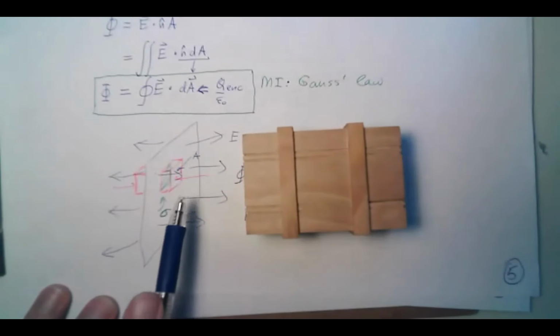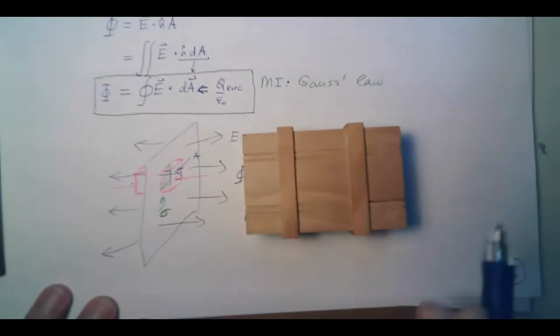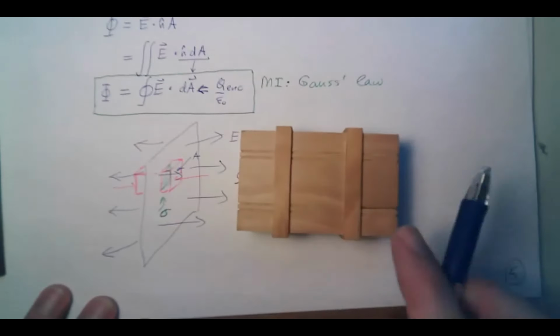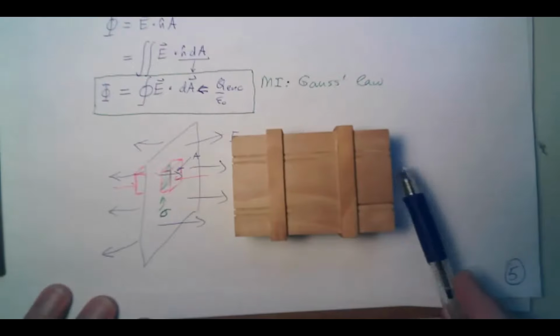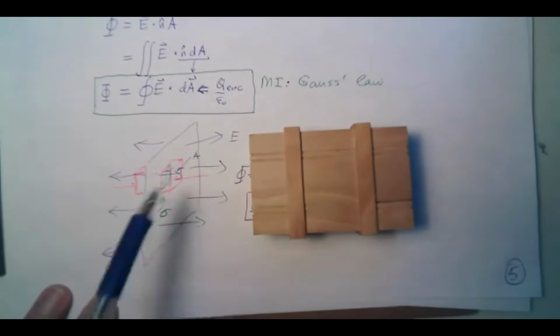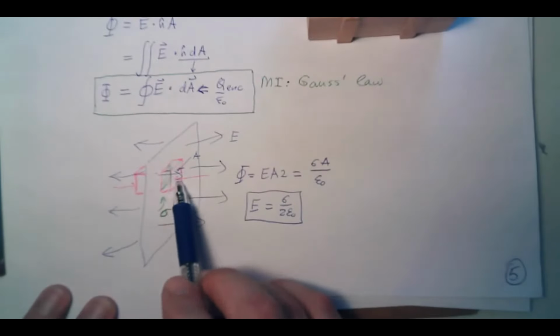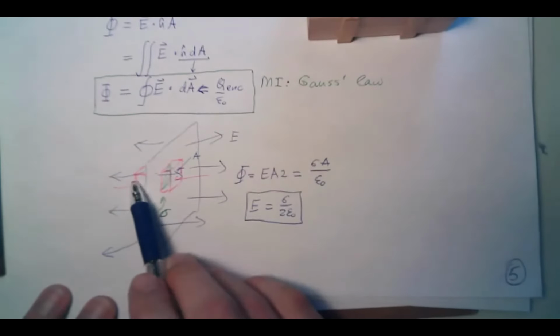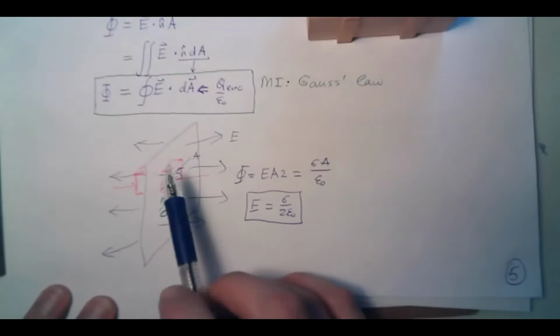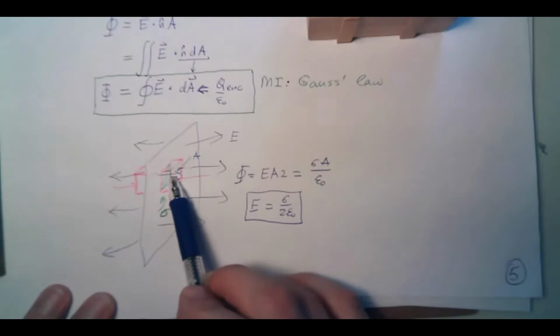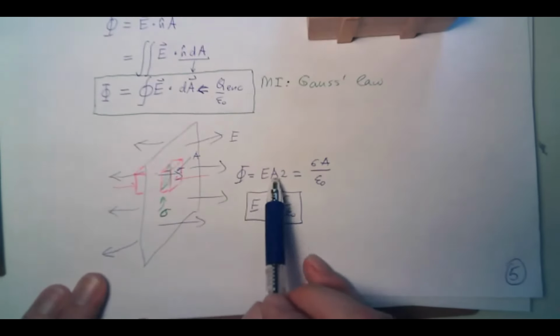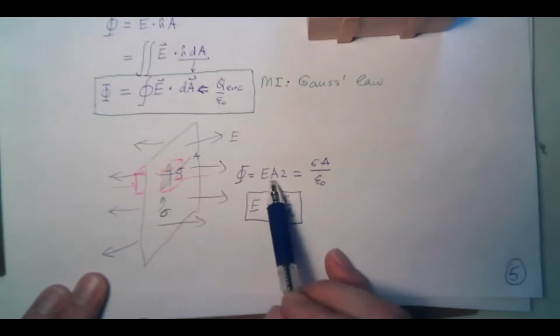If you assume that the electric field lines go this way, then the only non-zero contribution to the flux is going to be through this face and through this face. So the flux is going to be whatever the E field is at this surface and the E field at this surface. If that's uniform, then the flux is going to be 2 times E times A. That's what we do, so that E becomes factored out.